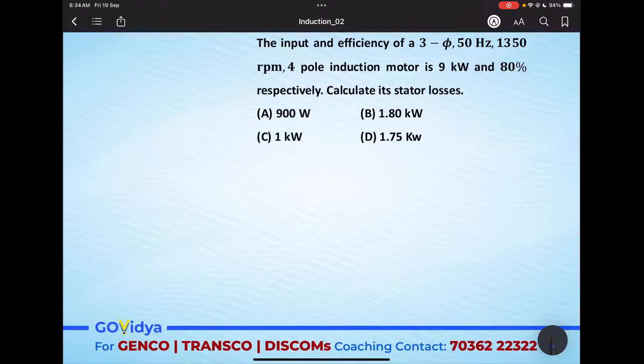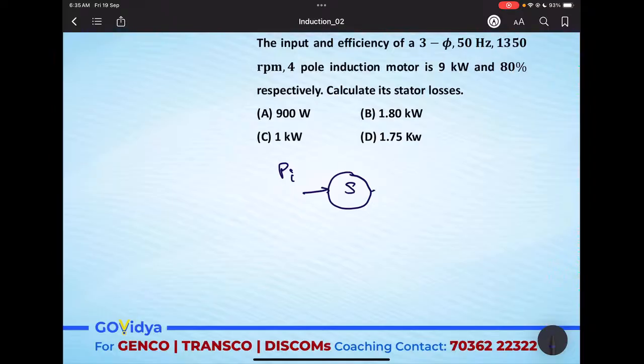The input and efficiency of a 3-phase 50 Hz 1350 rpm 4-pole induction motor is 9 kW and 80% respectively. Calculate its stator losses. For this we need to understand the power flow diagram. We give the electrical power input to the stator.